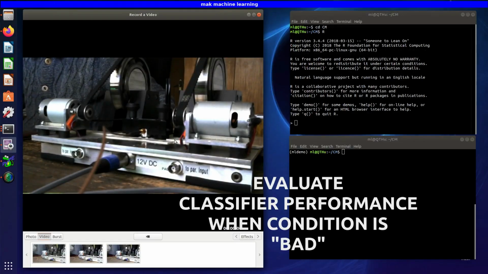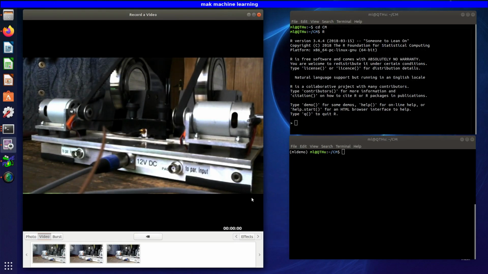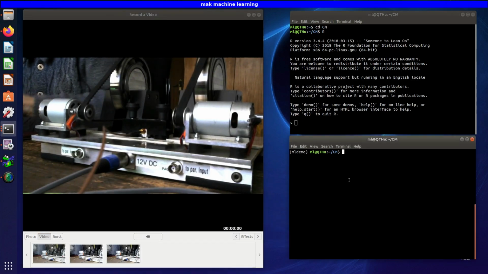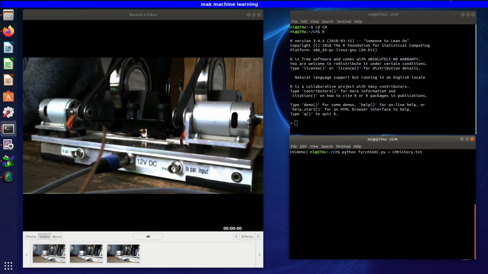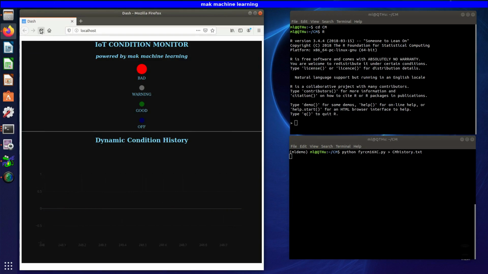Let's evaluate the accuracy of the machine learning classifier, first testing condition bad for 30 minutes. Starting the condition monitor. The condition monitor is running now.